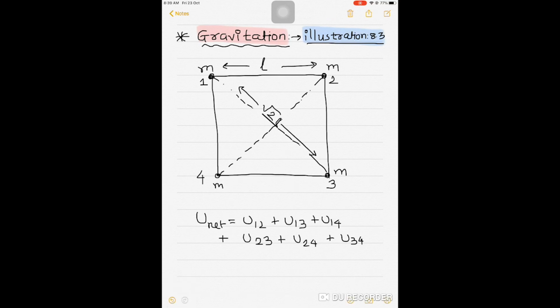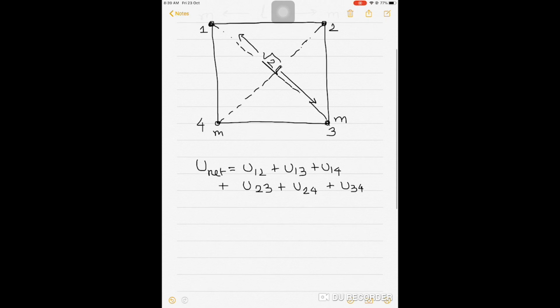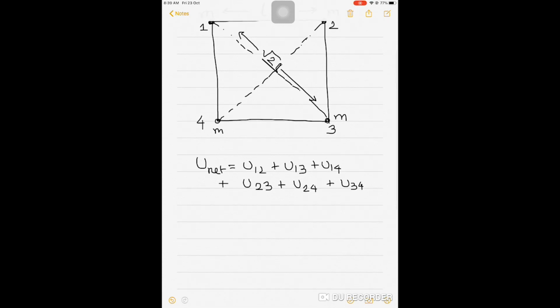This type of question we will learn in 12th also, at the time of potential energy of electric charges. Now here the potential energy is given by minus G m1 m2, that is G m square over l square.